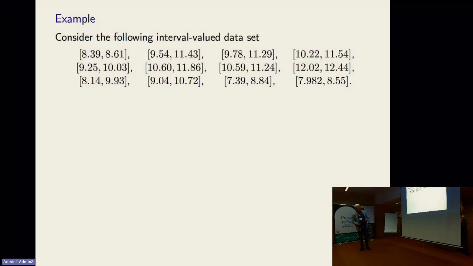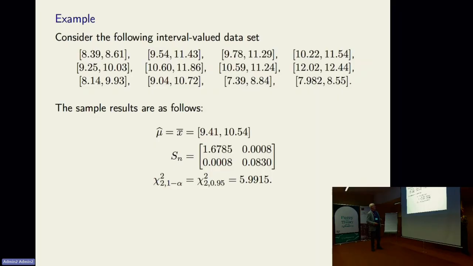Well, maybe let us look at a simple example. Here are 12 intervals, simulated values, not real data. We have estimated all desired parameters. Since we have 5% alpha, so 0.95, this is the desired quantile.